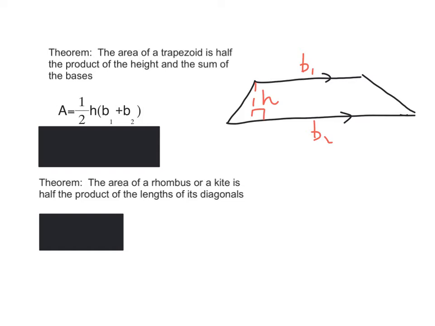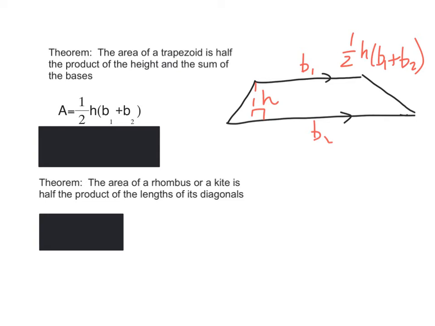It's 1/2 whatever that height is, times base 1 plus base 2, just like I wrote over here. And that's true for any trapezoid, isosceles trapezoid doesn't make a difference. All trapezoids.